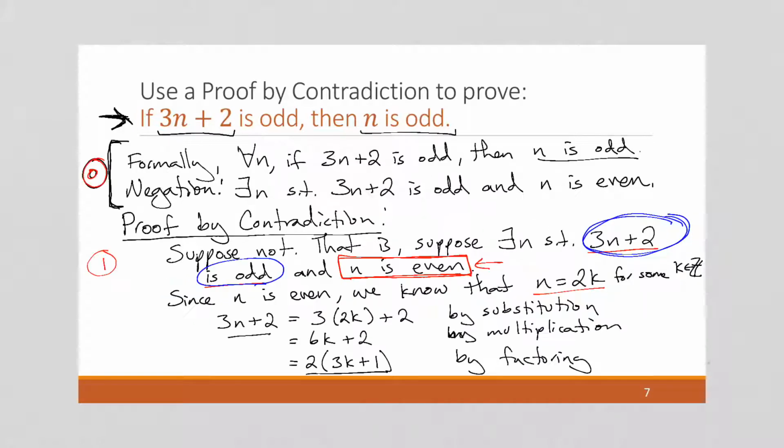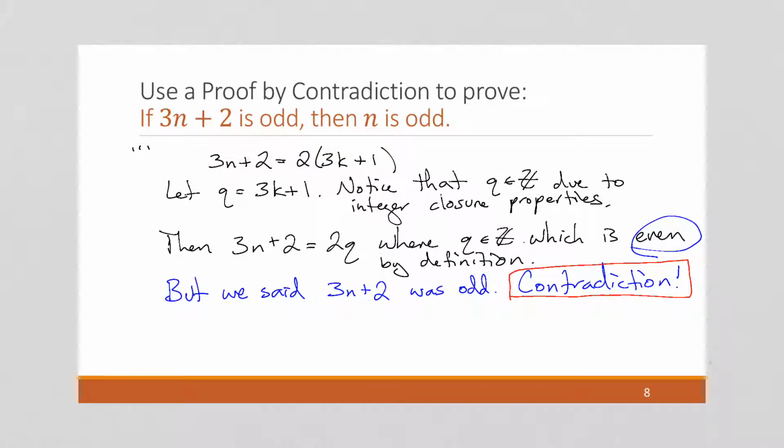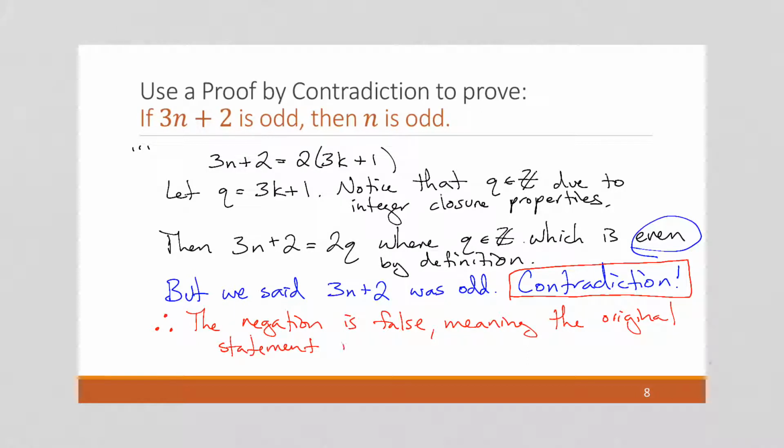So we made an assumption that the negation was true. We supposed the negation. And now, following that logically through, we've come to a contradiction. So we can conclude that therefore the negation is false, which means the original statement is true. And that's what we were trying to prove.